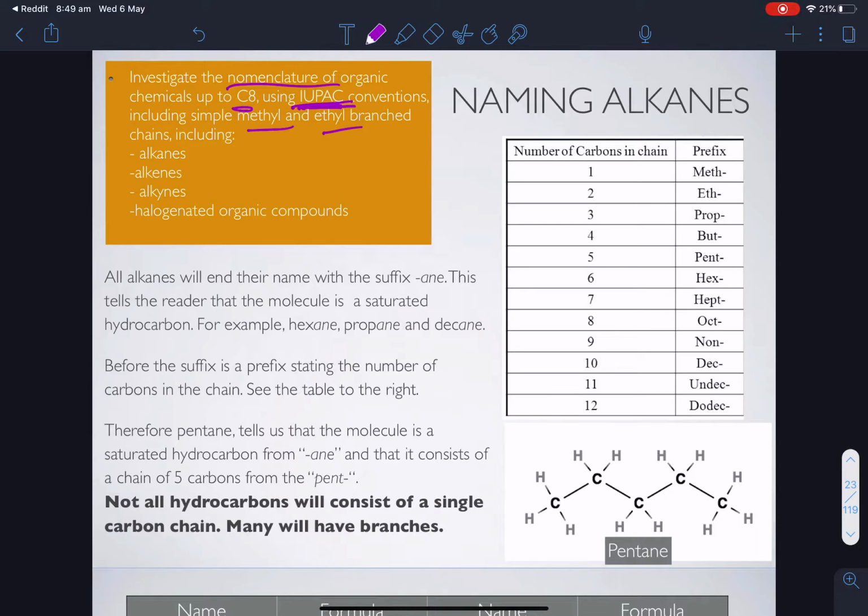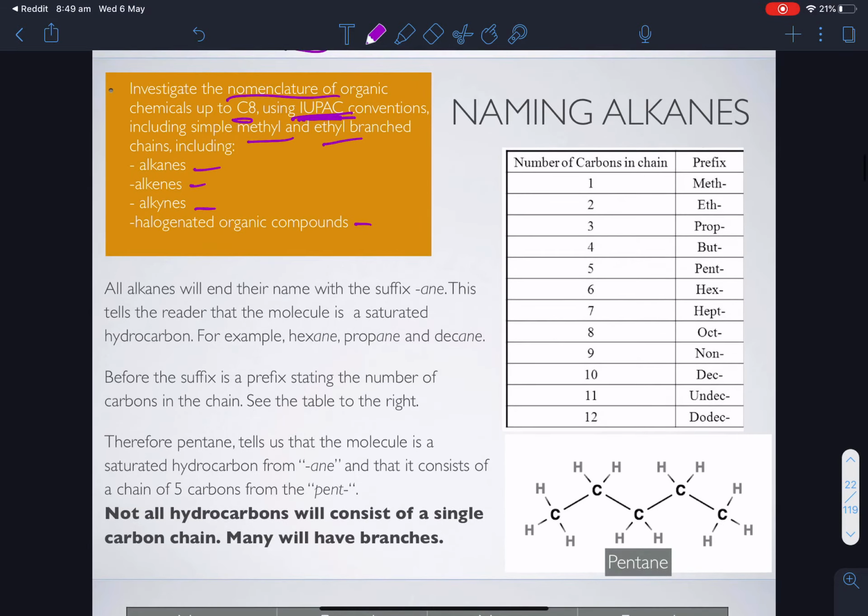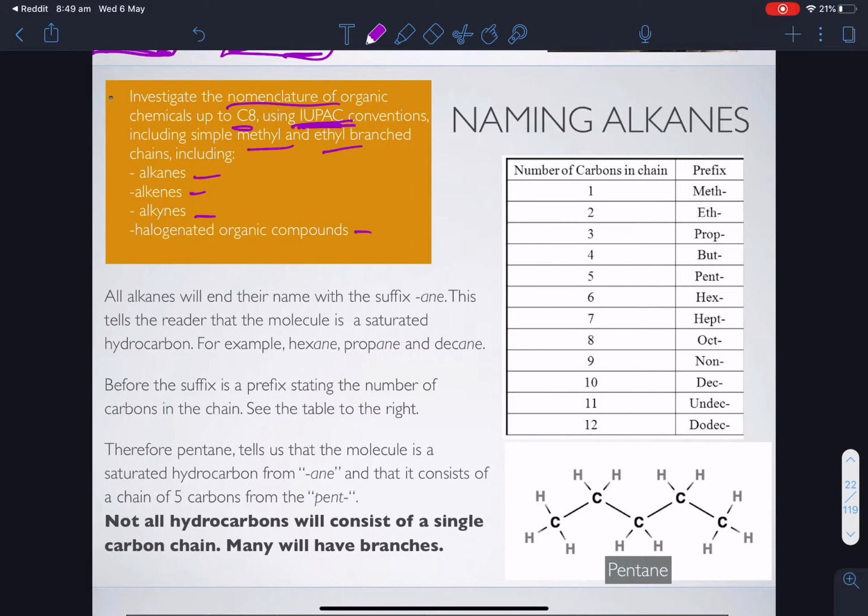We need to talk about the naming of alkanes, alkenes, and alkynes. We need to define them and talk about the rules in naming them, and also the halogenated compounds we'll get to soon. But I'll just cover alkanes in this video. Naming alkanes, all of them will have the suffix, the fancy word for the end of the name, ane.